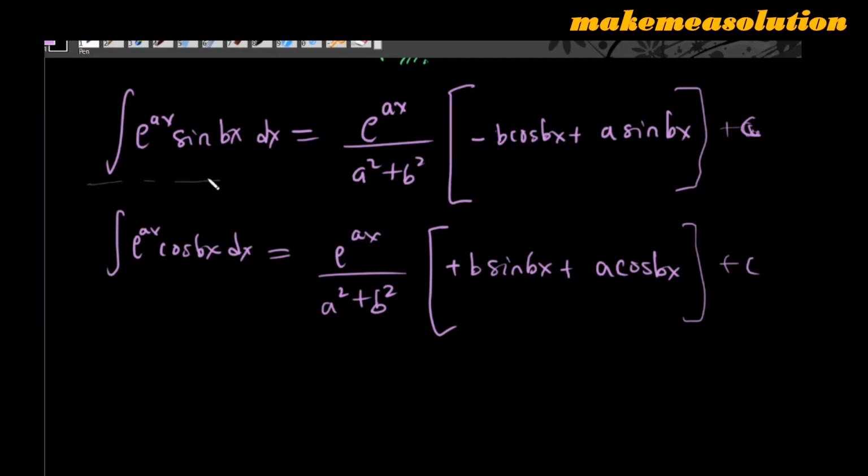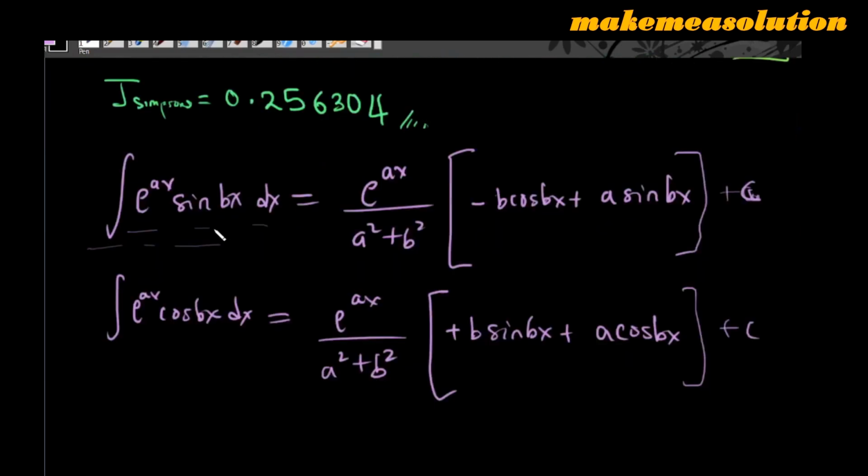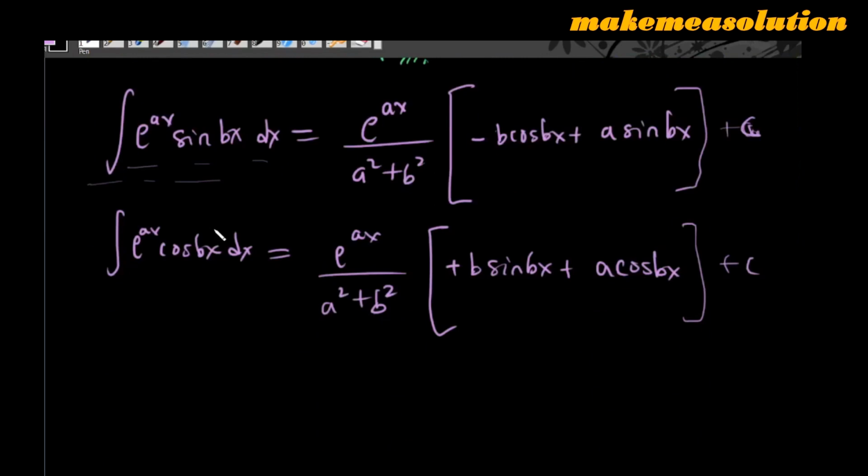So since this integral is analytical and we are given that in this question, we are going to try to solve for the exact value of this integral. So we are concluding that the exact value of the integral from 0 to 2 of exponential minus 2x sine 2x dx is going to be our definite integral from 0 to 2.